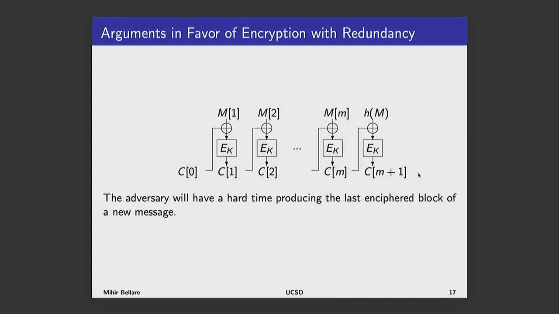So if an adversary does something like that, when you go through CBC decryption, pretty much you're just going to have random stuff up here, including up here. So it's very unlikely that what you will produce here will actually by chance match the hash of what's here. And that's our, at least the hope in terms of security.